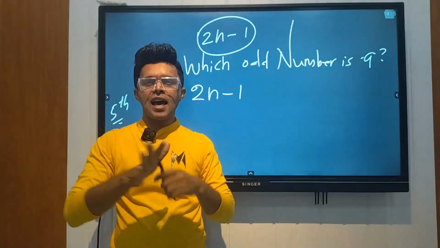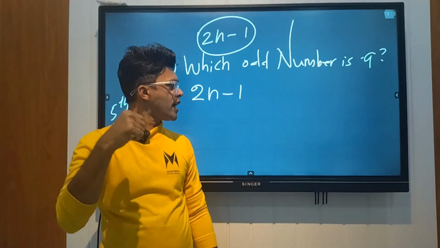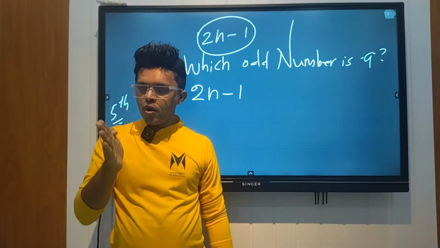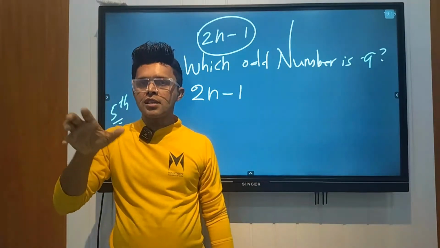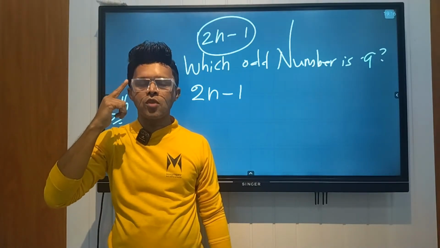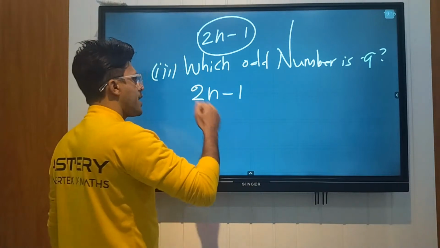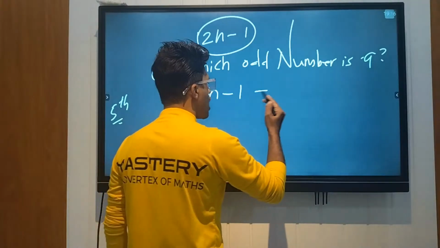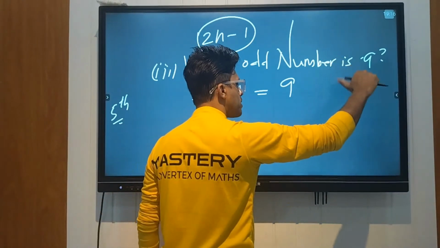We know the answer is the fifth odd number. How can we do that? You need to set up an equation, getting the general term of odd numbers, which is 2n minus 1. So 2n minus 1 equals 9. We are going to get which odd number is 9.